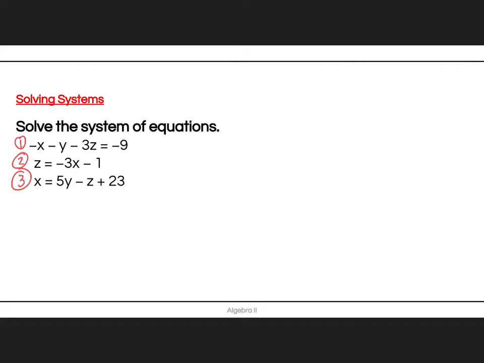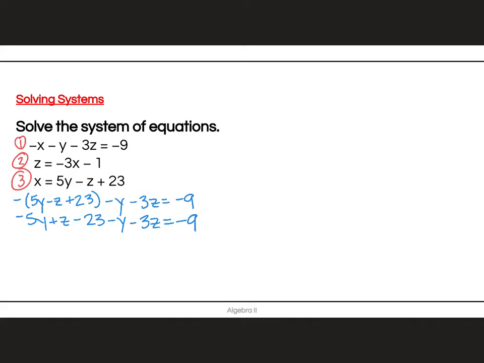All right, so when I substitute number 3 into number 1, I'm going to have negative 5y minus z plus 23 minus y minus 3z is equal to negative 9. So that's going to be negative 5y plus z minus 23 minus y minus 3z is equal to negative 9.